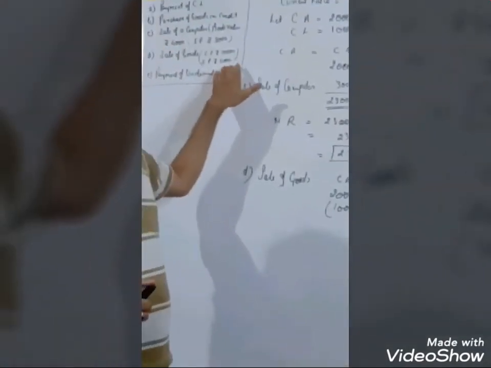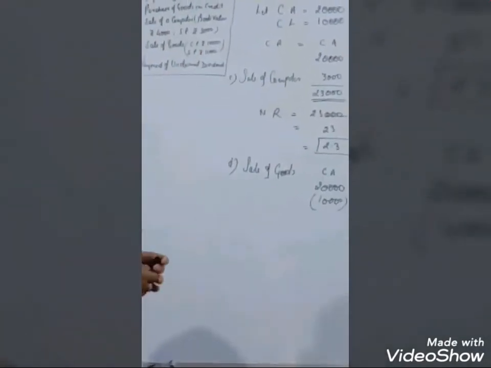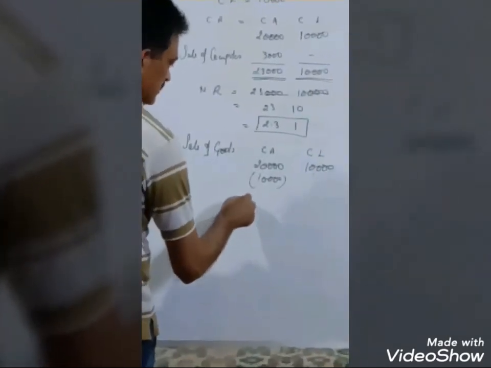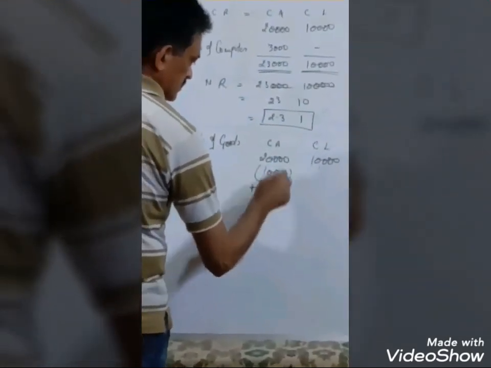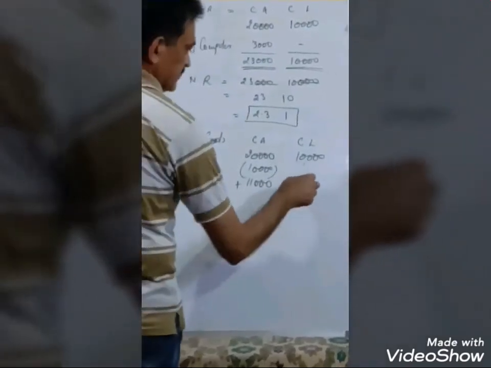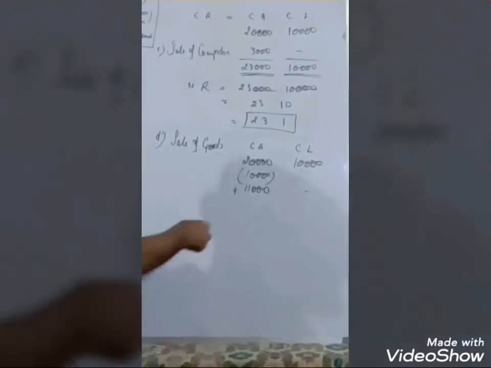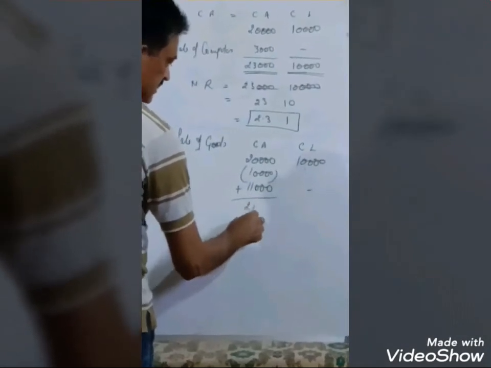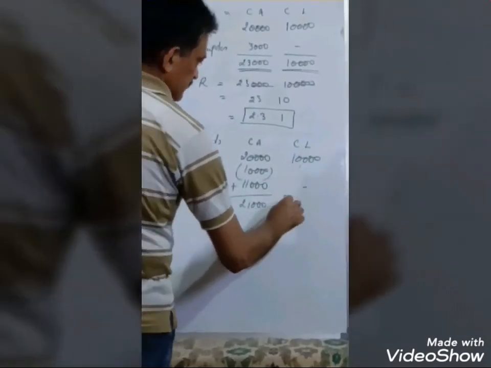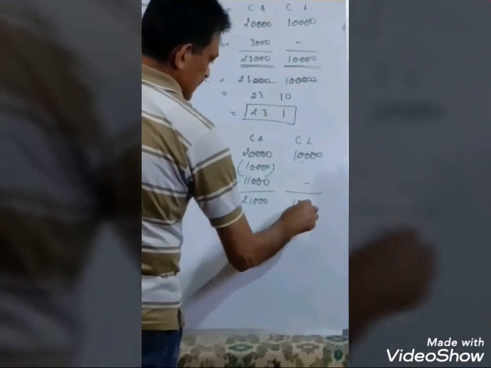Now in lieu of this goods, we have received a cash of rupees 11,000 because the selling price is rupees 11,000. So this will also increase your cash. No effect on current liabilities because cash is a current asset and stock is also a current asset. Now there is a net increase of rupees 1,000. The current asset shall become 21,000, whereas current liabilities shall remain at rupees 10,000.